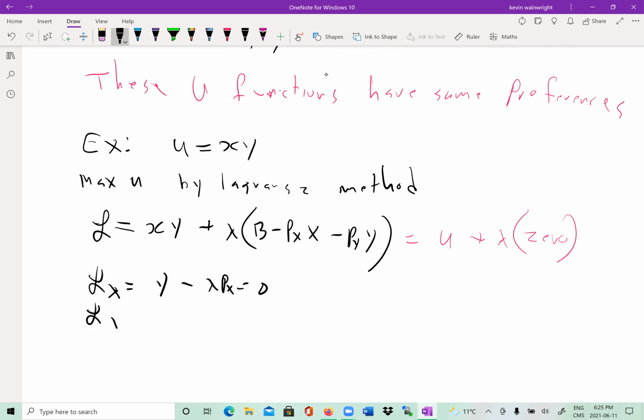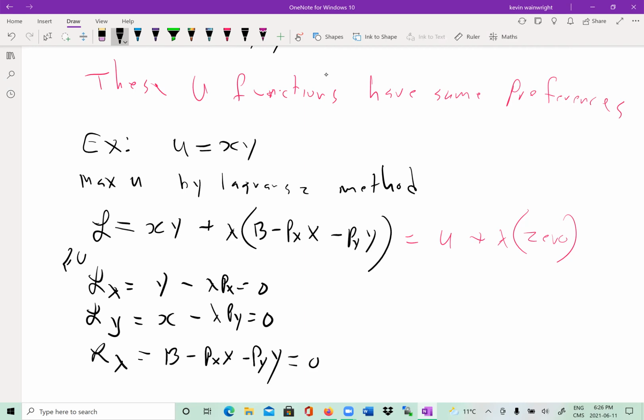We take the derivative with respect to y, and we get x minus lambda py equals 0. And we take the derivative with respect to the Lagrange multiplier, and that just gives us back the constraint. Okay, now these are called the first order conditions of the utility max problem.